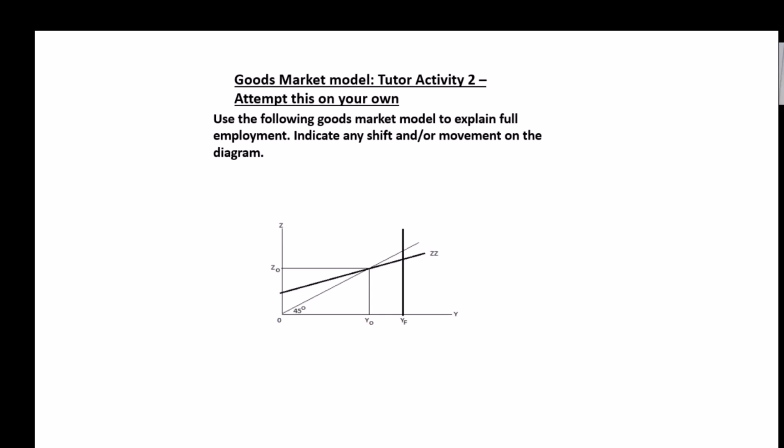So your disposable income is 800. You're taking home 1,000 rands minus your taxes, which is 200. So when there's a decrease in taxes, the disposable income will increase. That's the first point in your chain of events: a decrease in taxes will lead to an increase in disposable income.